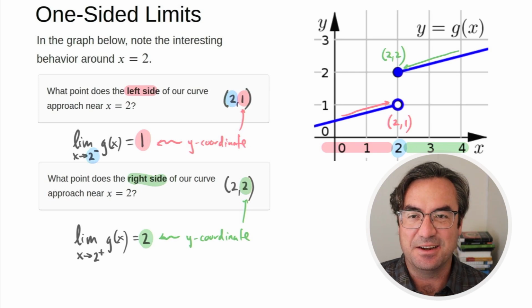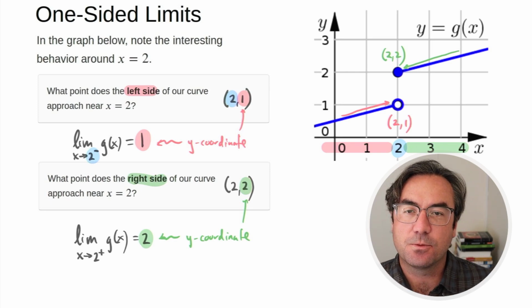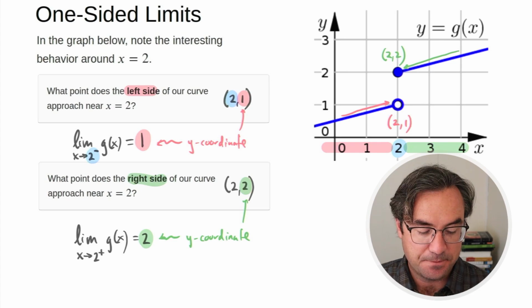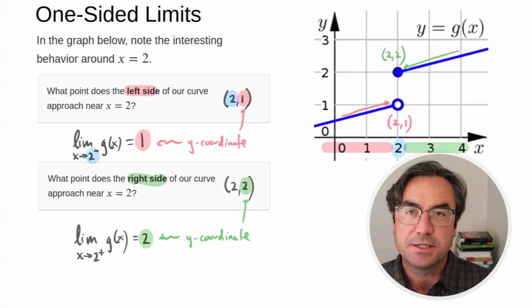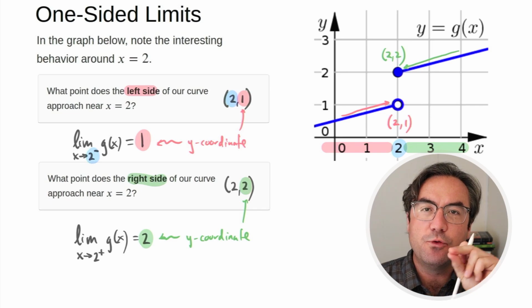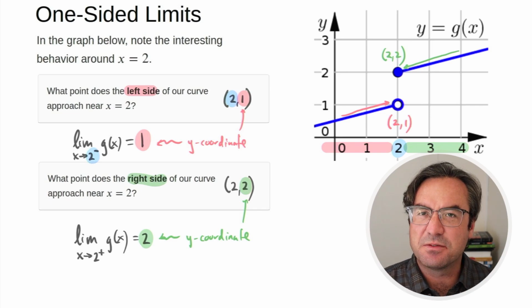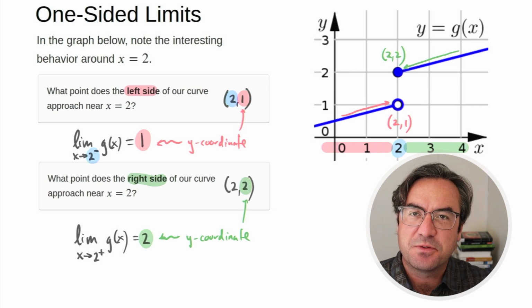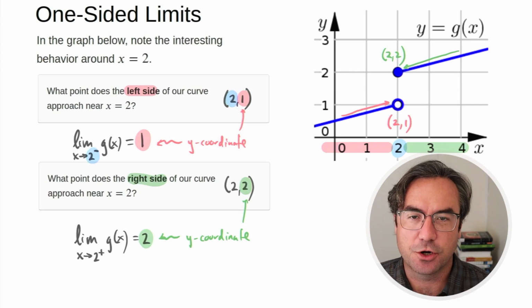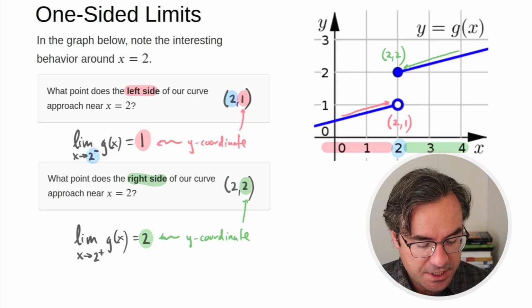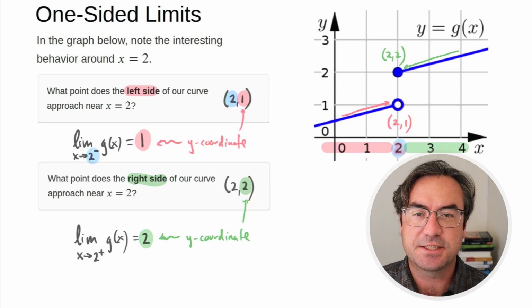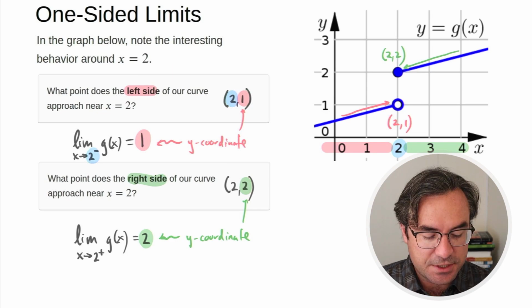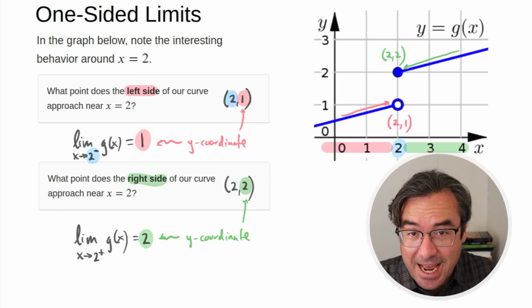So this is kind of the idea. What limits are going to give us is a way to imagine moving along the curve. You want to think of limits as small movements along the curve. We're interested in what's going on, in this case, at x equals 2, but not specifically just at x equals 2.